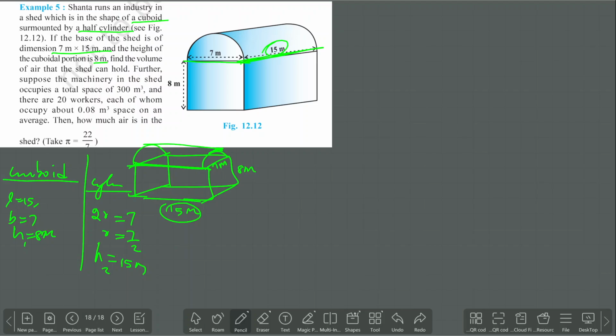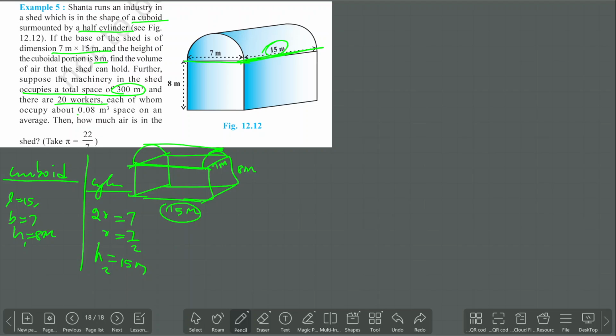Find the volume of air the shed can hold. Further, suppose the machinery in the shed occupies a total space of 300 meter cube. Machines and all occupy 300 meter cube volume. Do you understand? Right. Next, there are 20 workers.